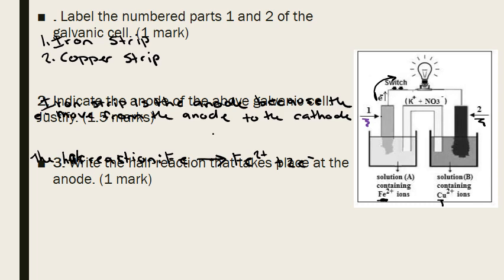And remember, at the anode we always lose electrons, okay? So it was Fe, it lost 2 electrons to become Fe2+. So oxidation has taken place.